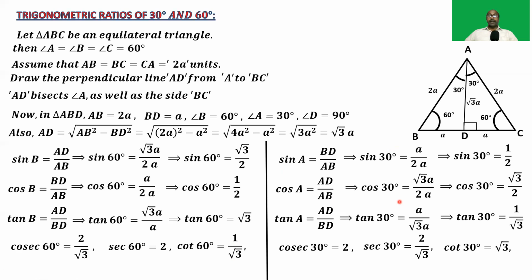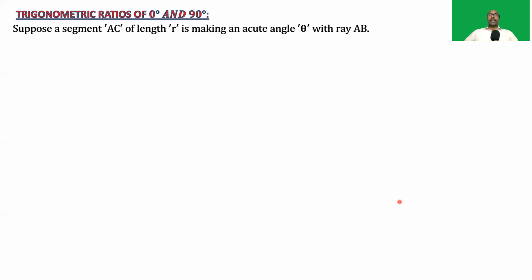Okay. Now, let us find the trigonometric ratios for 0 degrees and 90 degrees also. Suppose a segment AC of length R is making an acute angle theta with the ray AB like this.